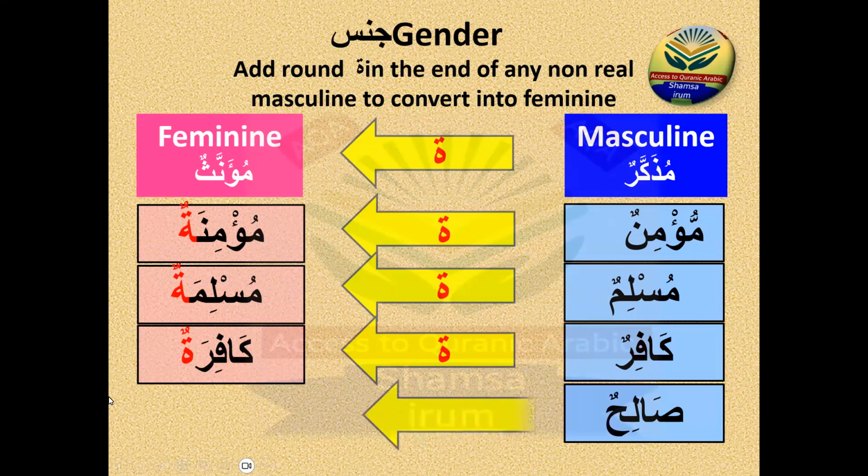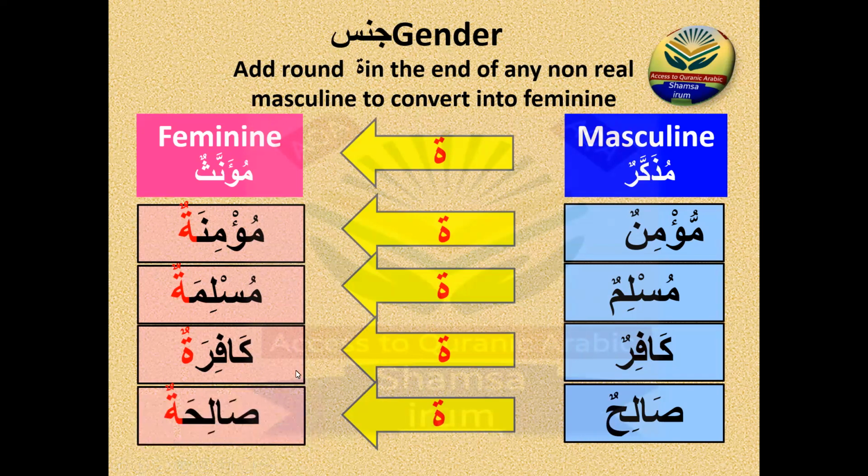Salihun, add round ta, it will be salihatun. Salihun is a pious man, and salihatun is a pious woman. Kafirun means a non-believer man, and kafiratun is a non-believer woman. So if you add the round ta in the end of these words, they convert into feminine.